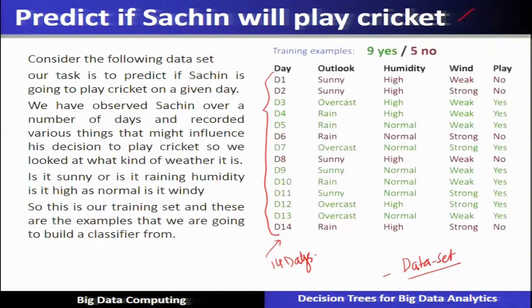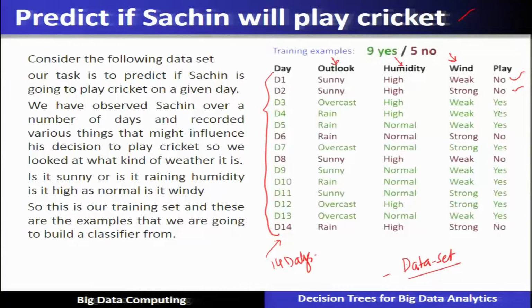We have considered the outlook of the weather, whether it is sunny, overcast, or raining, the humidity of every day, whether it is high or normal, and the wind, whether it is weak or strong. We have also seen whether the player Sachin has played or not in these conditions. On day 1 he has not played.